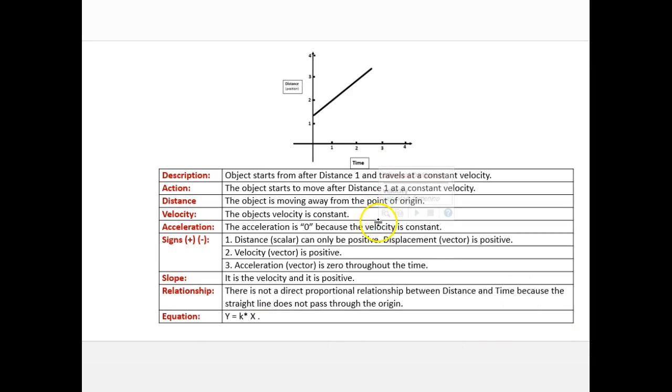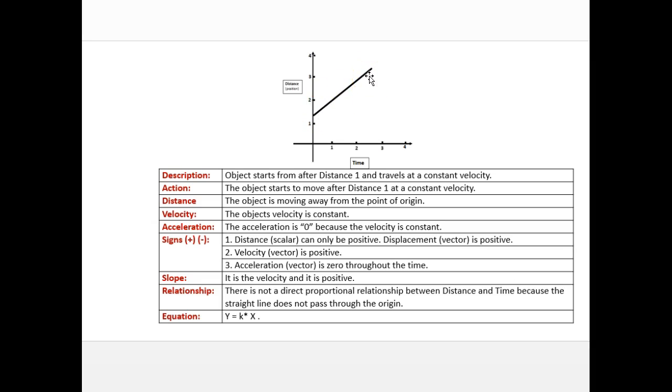This is the same thing. It's just that in this case, it is starting from a particular distance that is not 0, and the velocity is constant.